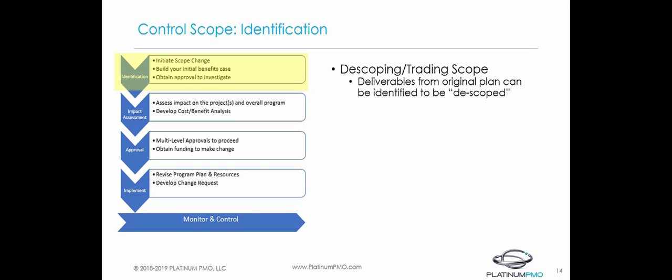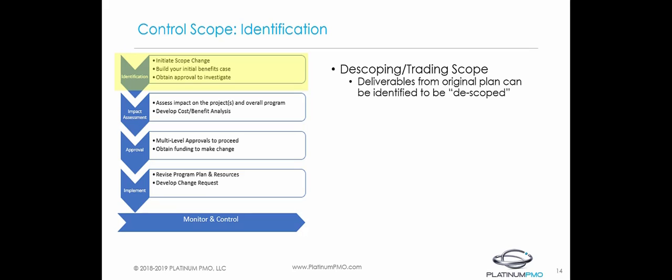the organizational benefits impact. Another concept is scope swap or trading scope. Using the same scenario we just described, we may determine that we no longer need those 5 integrations. But in order to descope those 5 integrations, we need to add 3 more data conversion objects. This becomes a little more complicated change request, but is still achievable with our process.